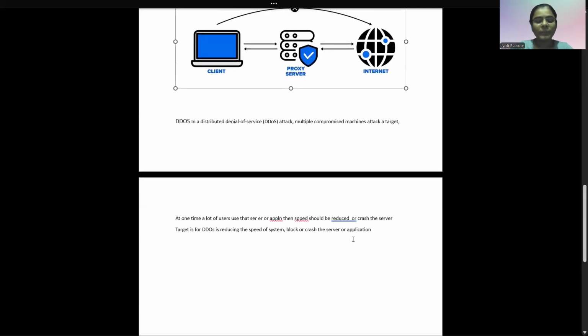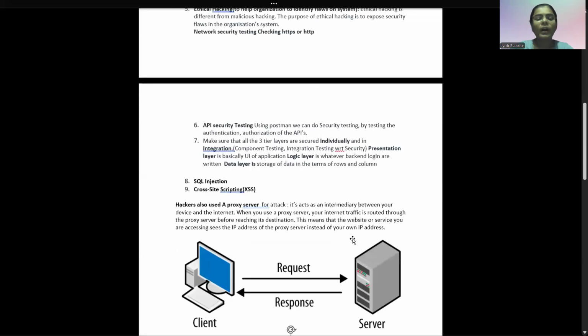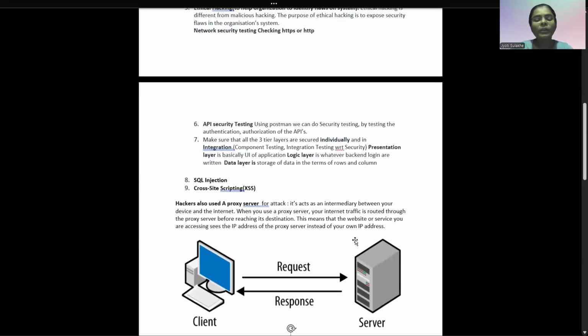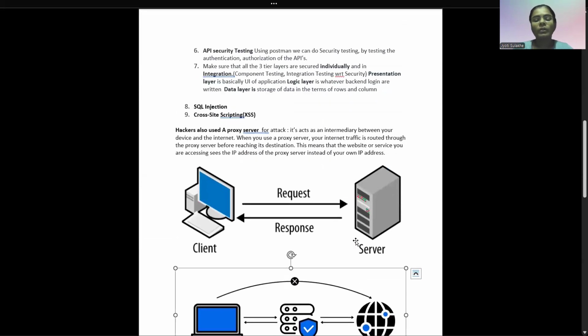So attackers use DDoS and proxy servers for attacking or hacking applications.